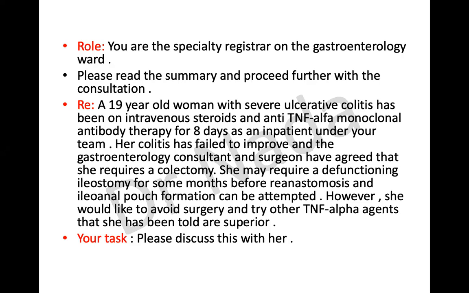Colectomy is curative in ulcerative colitis, right? Especially if it is a total or full colectomy, because you will remove the diseased part. So even the extraintestinal manifestations will get better, okay?